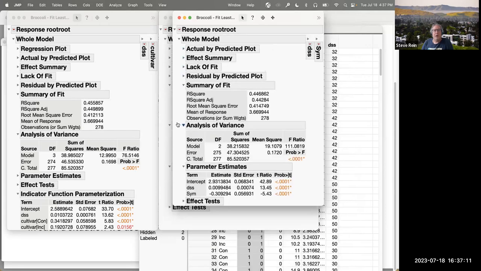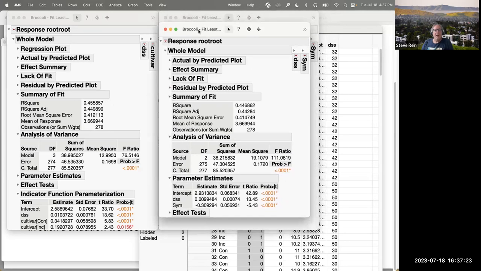In our analysis of variance, in the summary of the fit, this is a 0.46 R squared. This is a 0.45 R squared. I don't see much difference in the R squared at all. Along the same lines, the sum of squared errors here was 46.5, and now the sum of squared errors is 47.3. That SSE, not much different at all.